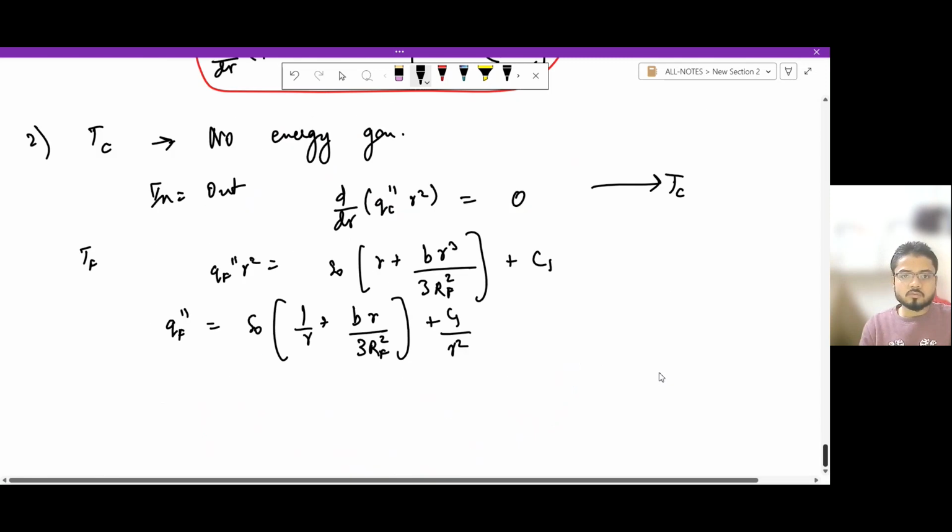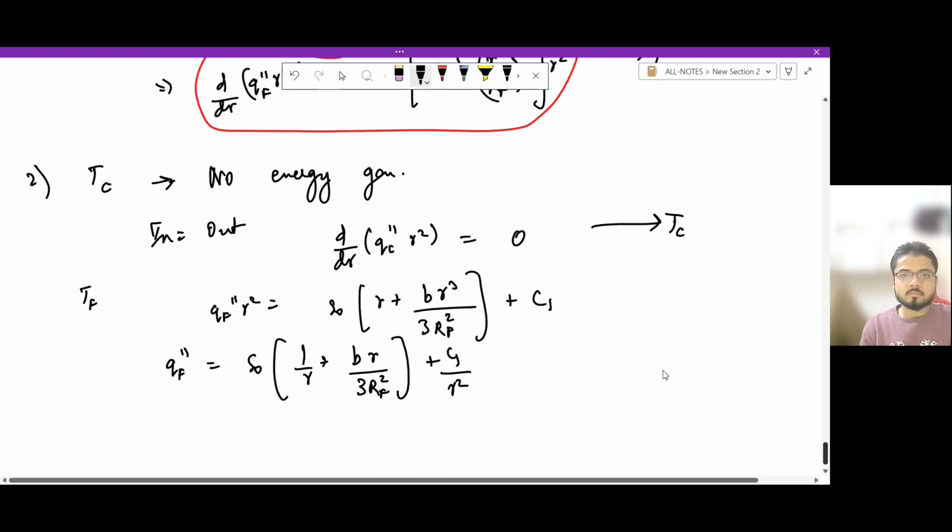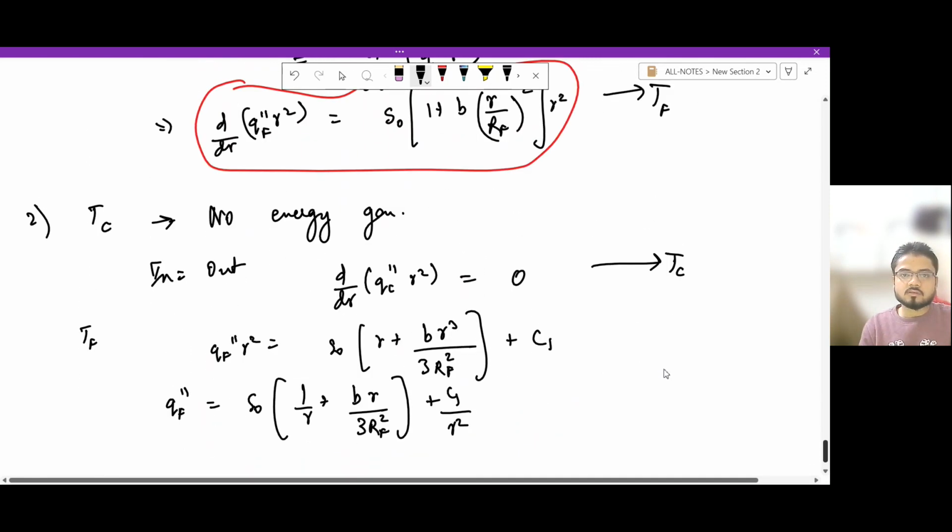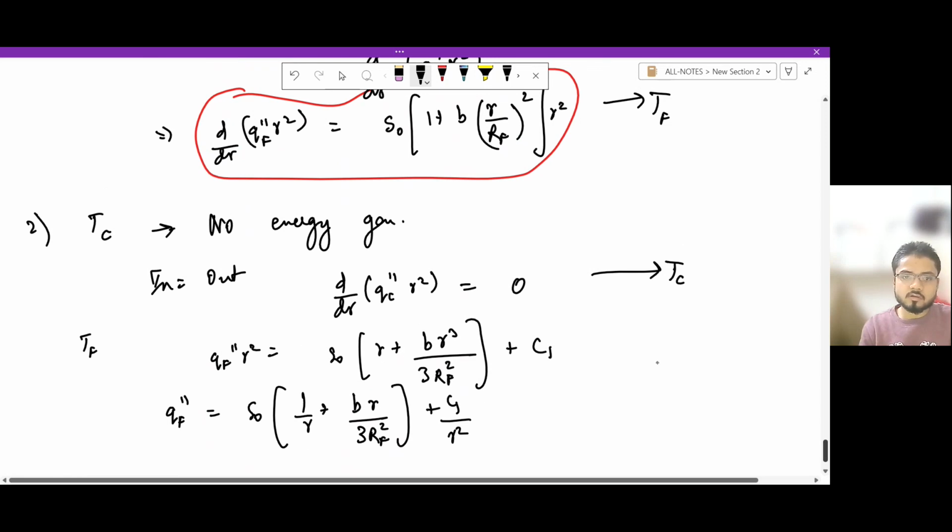Yes, so we made a little mistake. Anyway, this can be corrected really quick. So this would become r to the power 4, and integrating it would be r to the power 5.